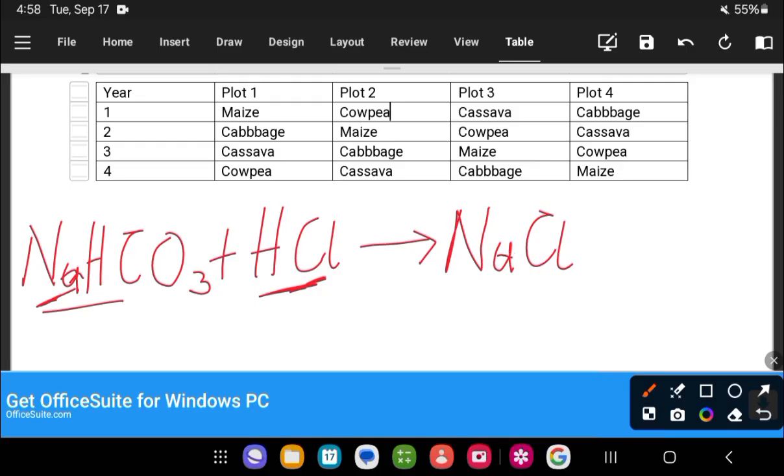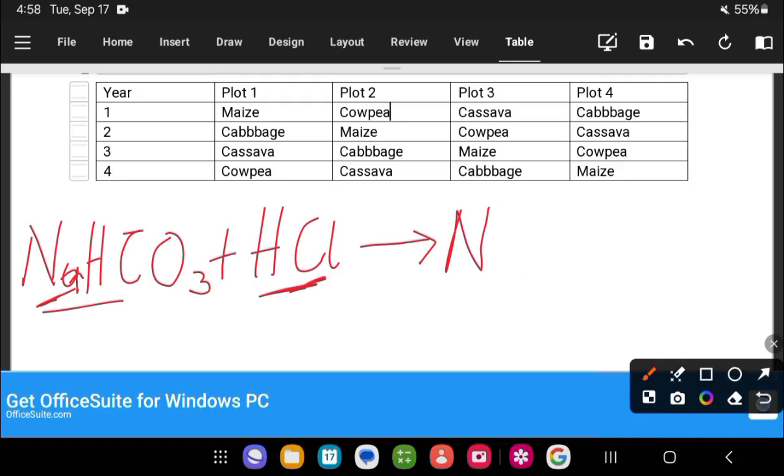And NaHCO3 is actually a base. If you have salt and water formed after a reaction, it means that the reaction is a neutralization reaction involving an acid and a base.